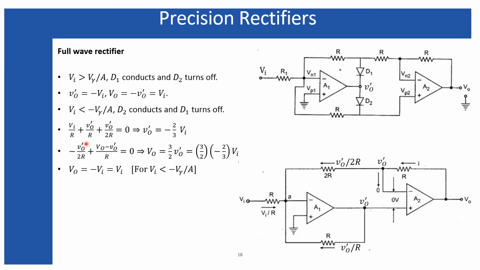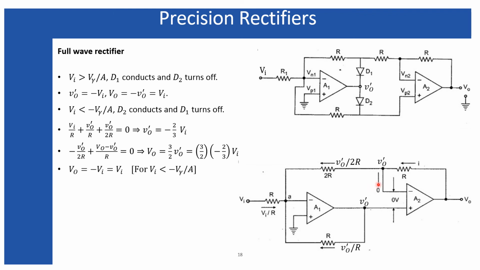With the KCL I can write this expression, that is Vi divided by R, the current along this direction, the current which is entering to this node from this branch, so that can also be written as V0 dash divided by 2R, and another current which is entering to the node through this branch can be written as V0 dash divided by R. So finally from here we can calculate V0 dash is equals to minus 2/3 times of Vi.